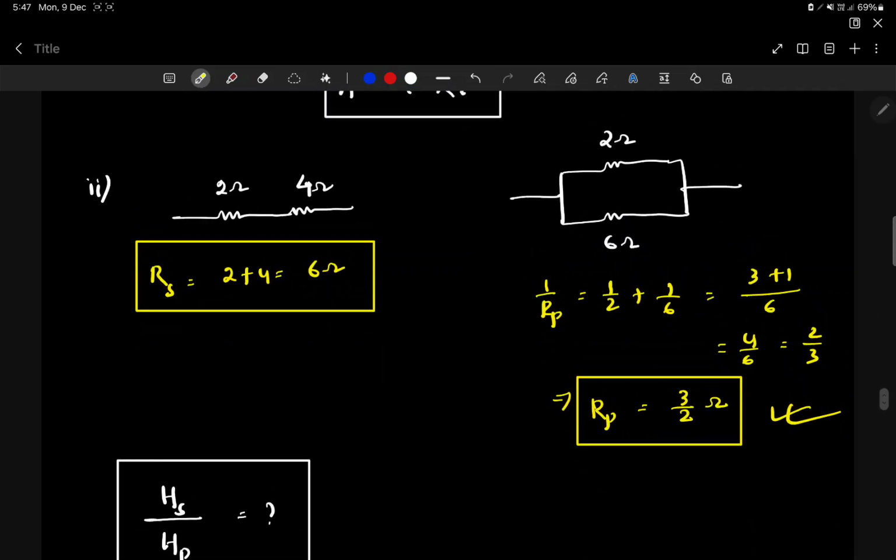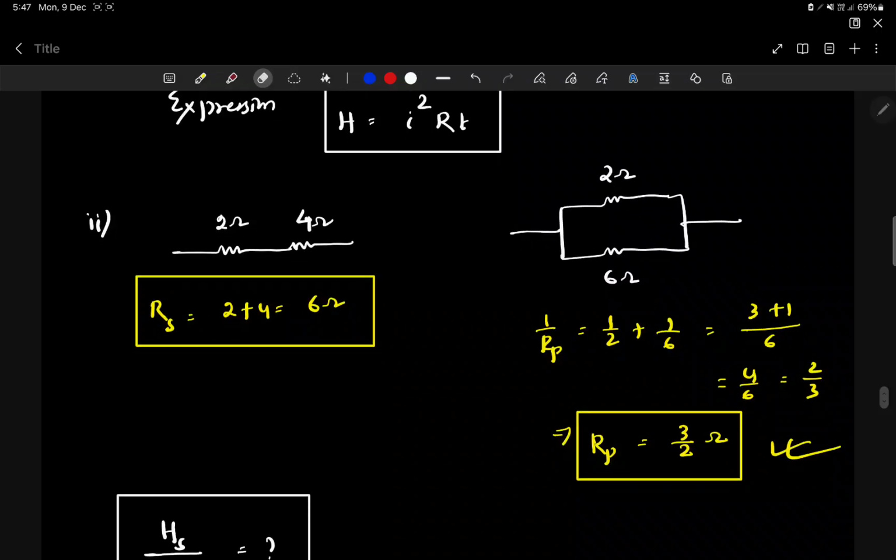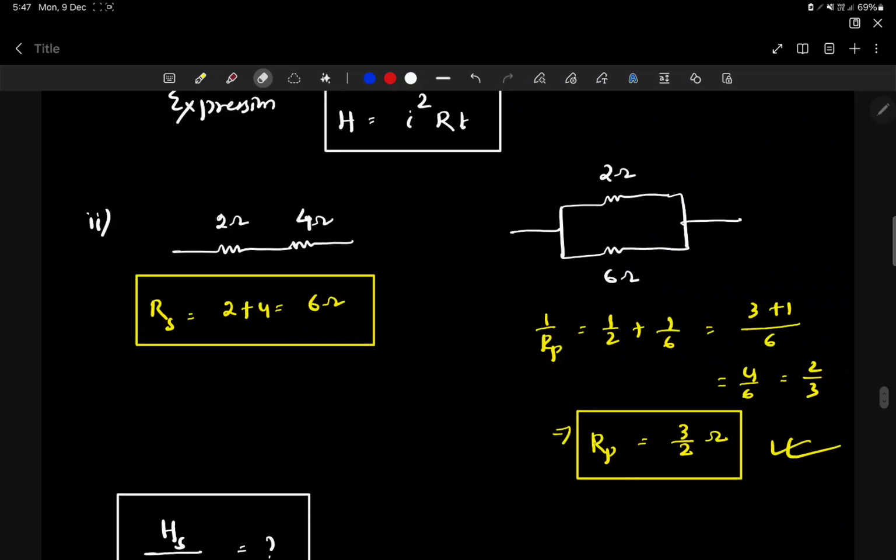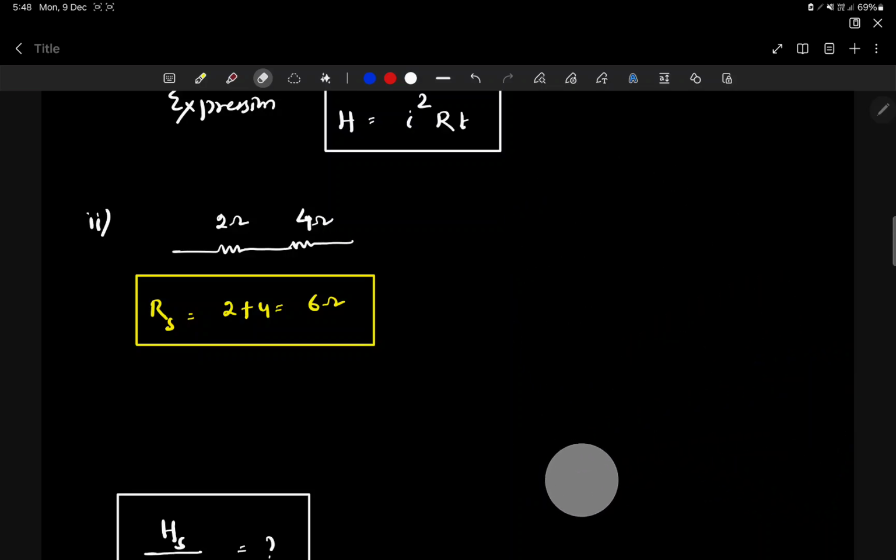Yes, so where is the mistake? It is given two resistors having resistances 2 ohm and 4 ohm. Yes, I have mentioned 6 ohm. So this is our wrong calculation.